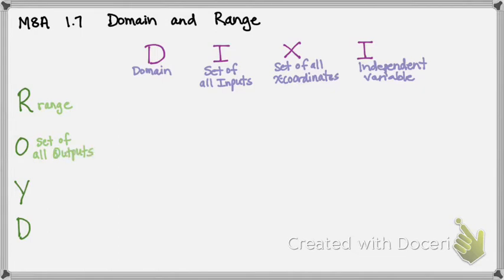Y stands for the set of all Y coordinates. And the D stands for a dependent variable. Okay. So we're going to be recognizing if we have a domain or range, and we may be given information different ways.